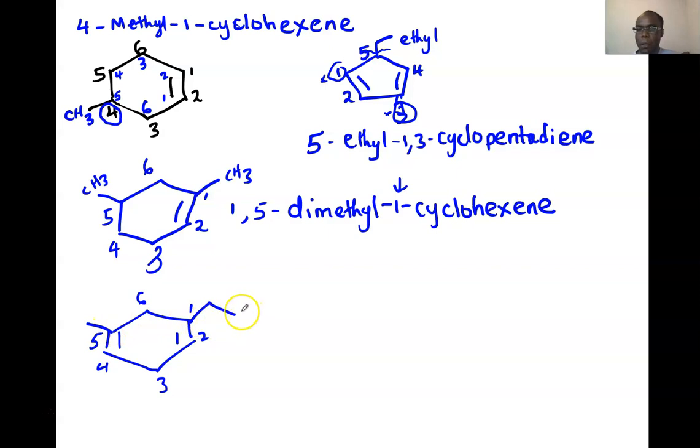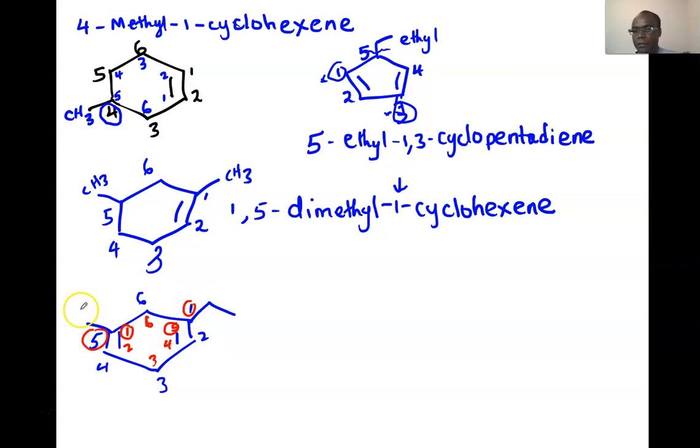There's no telling which side you should start from, because the molecule has 2 double bonds across from each other. You cannot use the substituent location, because one could have even started from here and said this is 1, 2, 3, 4, 5, 6. Either way, the substituent location would be 1, 5, 1, 5.